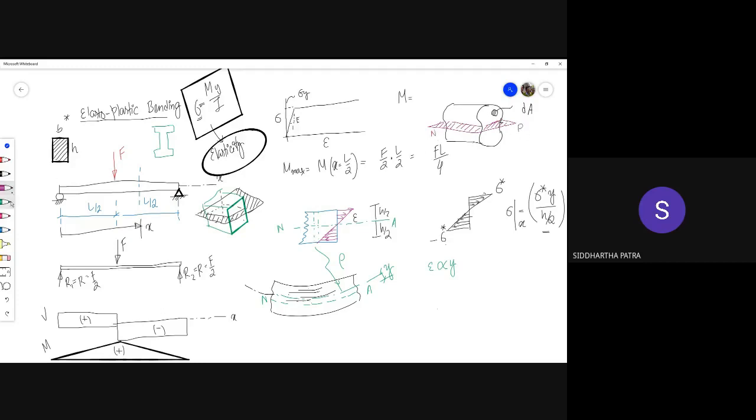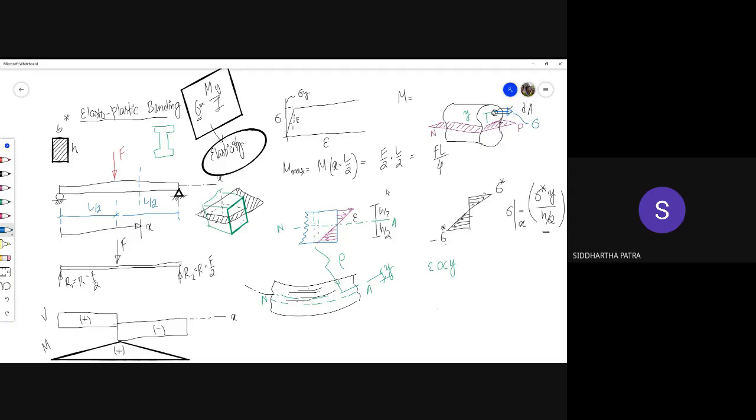And let's say this is your distance from the neutral plane, y. And in this case, let's say this is the stress sigma on it.